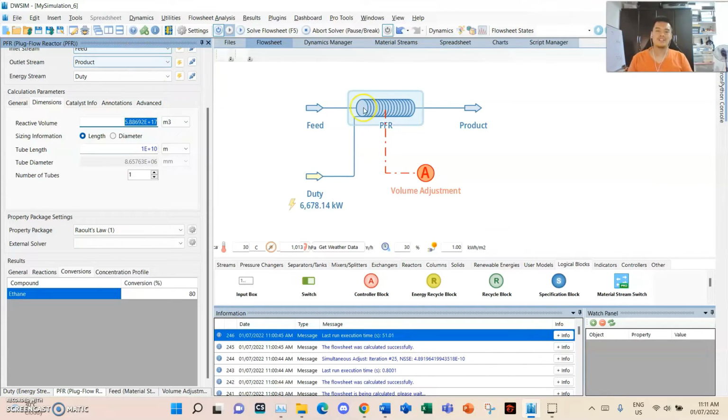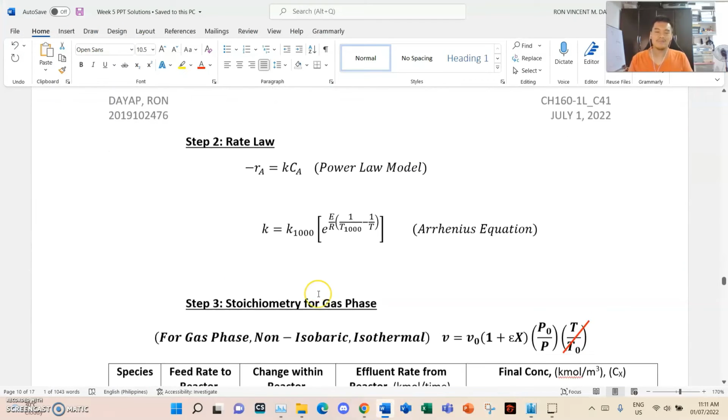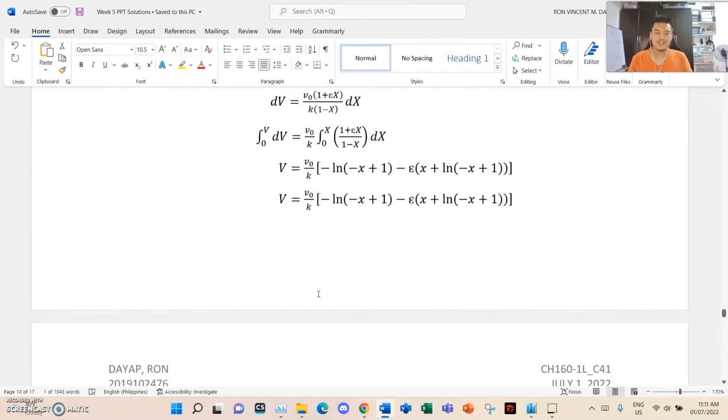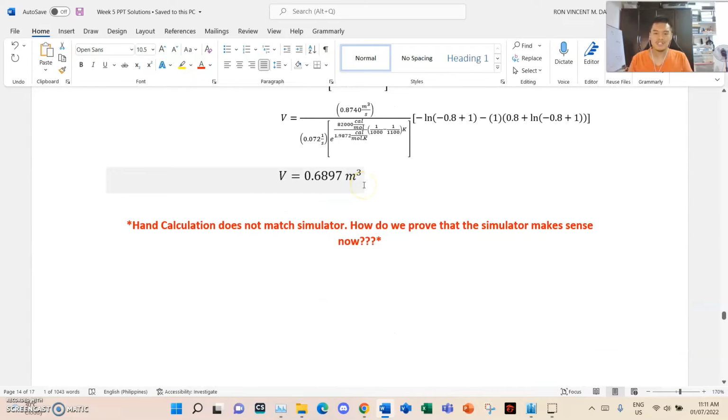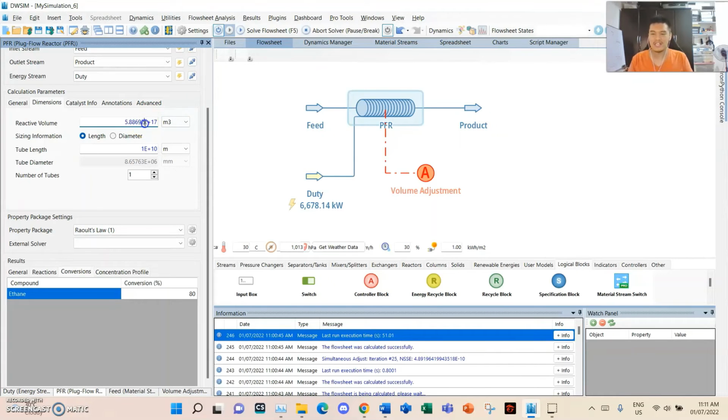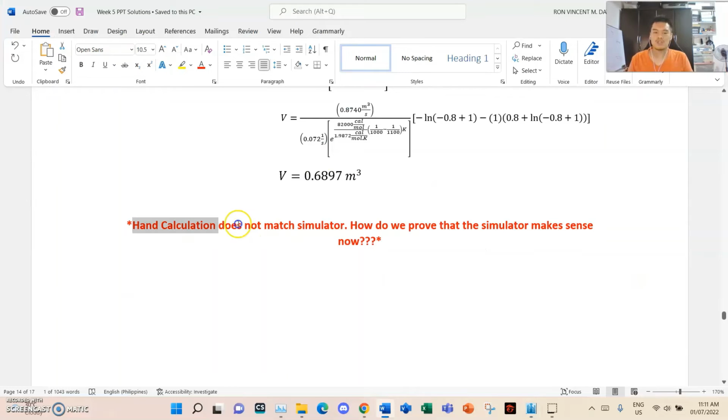That's very, very large, and it is actually quite surprising that the reactor has this volume, given that I calculated from my hand calculation that my volume would be 0.69897. I don't need to do a percent difference to know that the difference is very, very large, comparing 1 to 1 times 10 to the 17. So that's why there is this description, the hand calculation does not match the simulator.